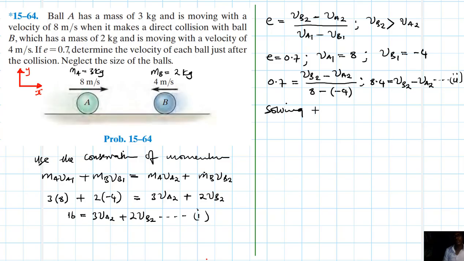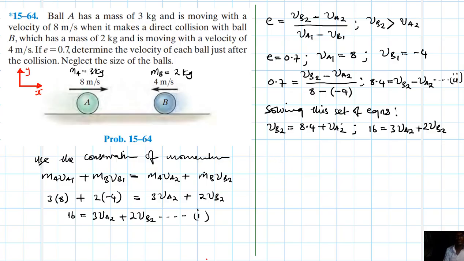Solving this set of equations, I make vB2 the subject of the formula, which is 8.4 plus vA2, and we have 16 equal to 3 vA2 plus 2 vB2.